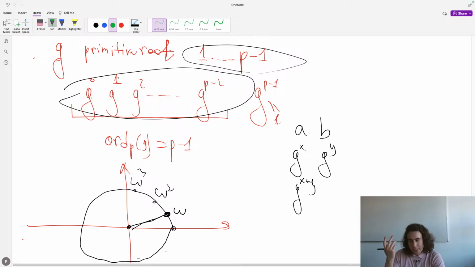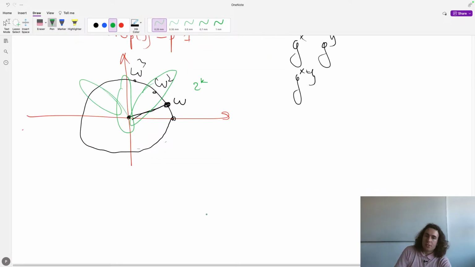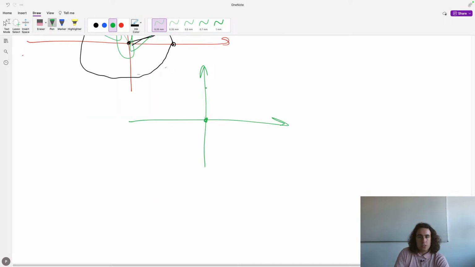And if you think about roots of unity, you know that the smaller roots of unity, like the roots of unity of power 2 to the k minus 1, we can also get from here. We can just take every second one. For example, let's look at a picture and draw roots of power 12.